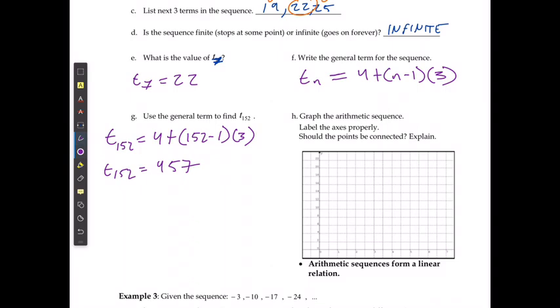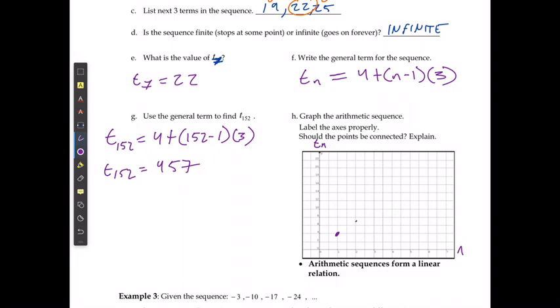If I'm graphing out this sequence, well, my y values, or what's on the left-hand side of my equation, is going to be my Tn's. On the right-hand side of the equation, what I'm solving is for the term number. So the value of the term is going to be based on the number. We always skip 0, and we can go straight to term 1 is going to be 4.